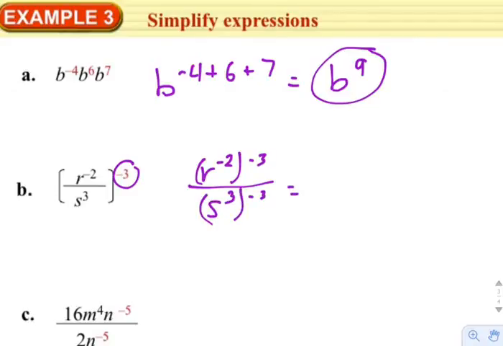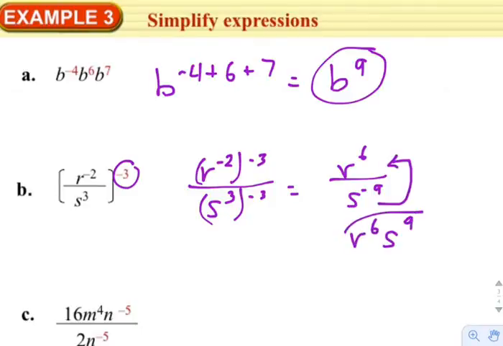So when I combine a power of a power, I multiply. So r to the negative 2 to the negative 3 is r to the 6th. s to the 3 to the negative 3 is s to the negative 9. And now that I have a negative power in my denominator, that needs to be moved up to my numerator. So my answer is r to the 6th times s to the 9th.